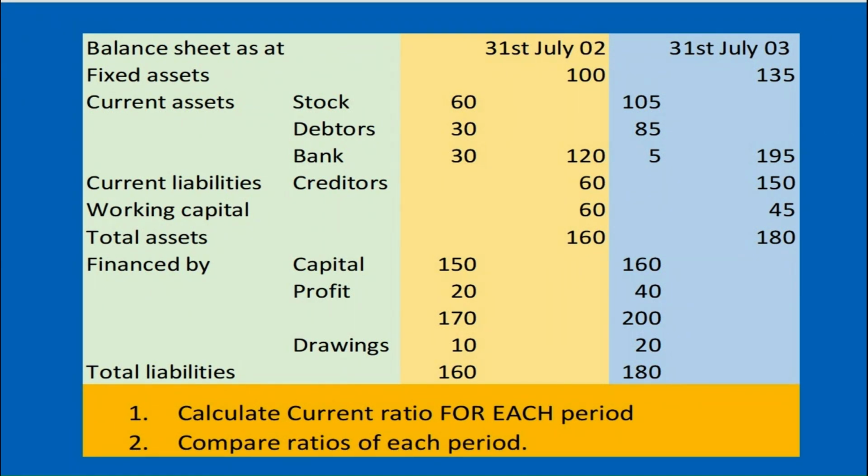Total assets 160, 180. Financed by capital 150, 160. Profit 20, 40. 170, 200. Drawings 10, 20. Total liabilities 160, 180. 1. Calculate the current ratio for each period. 2. Compare the ratios of each period.